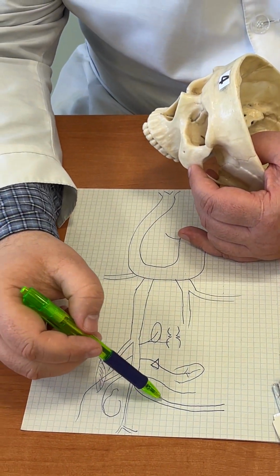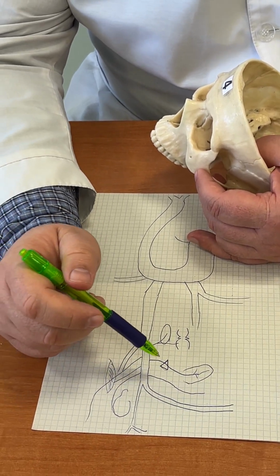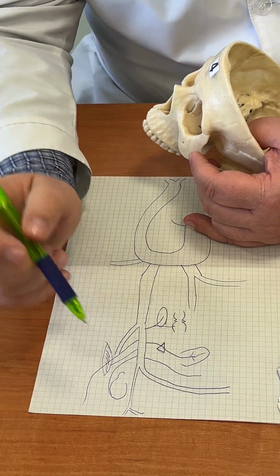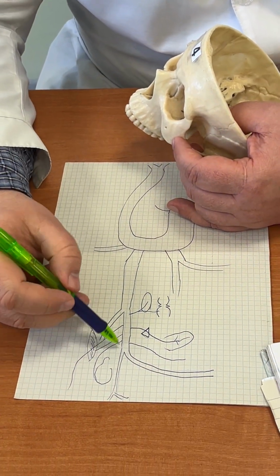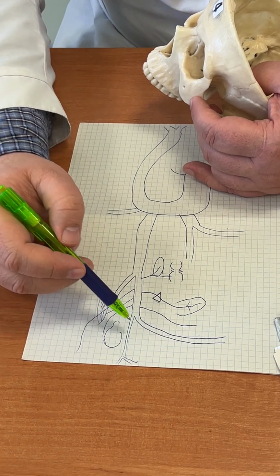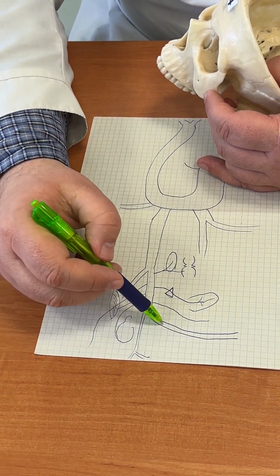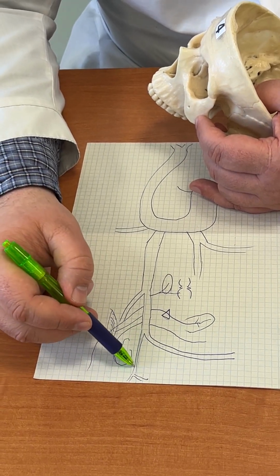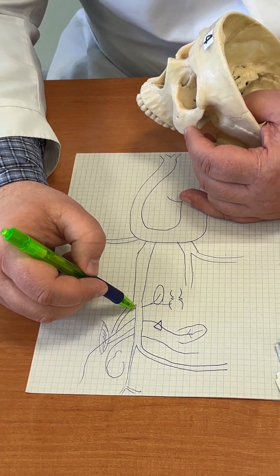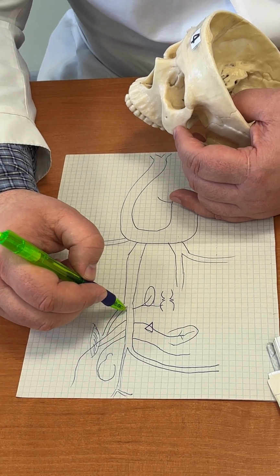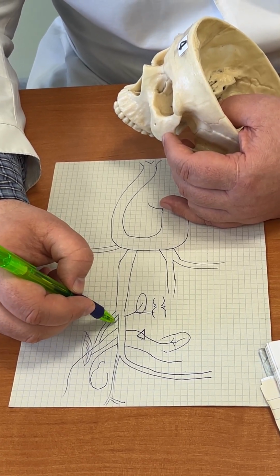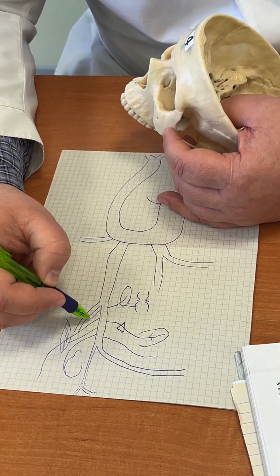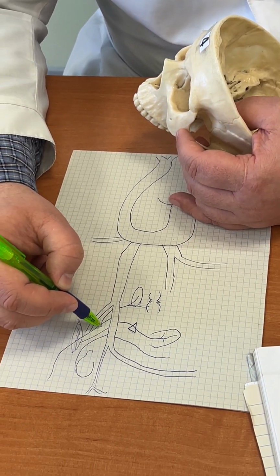And arteria maxillaris consists of three departments. Just a moment. And the last medial artery, we already said that one is arteria maxillaris, another arteria temporalis superficialis, and the last is arteria pharyngea ascendens, the ascending pharyngeal artery.